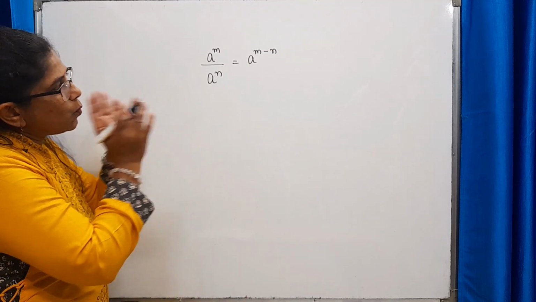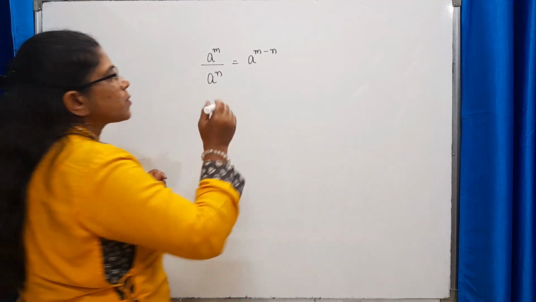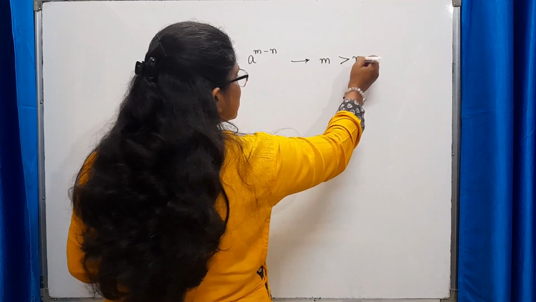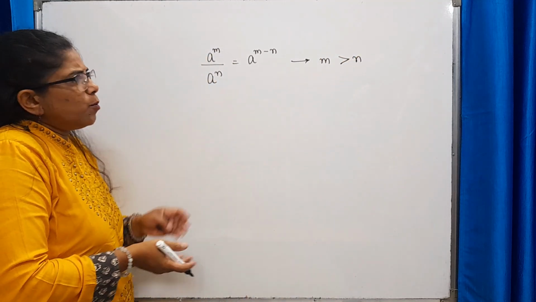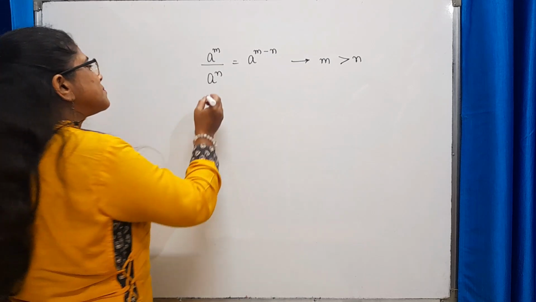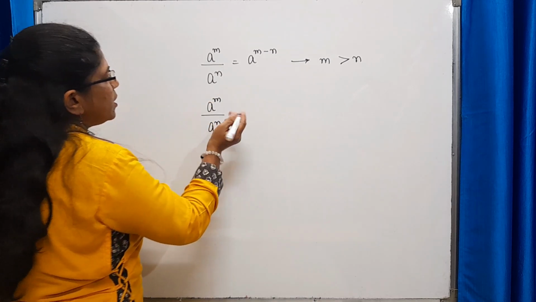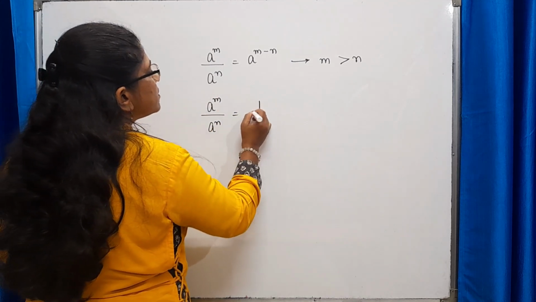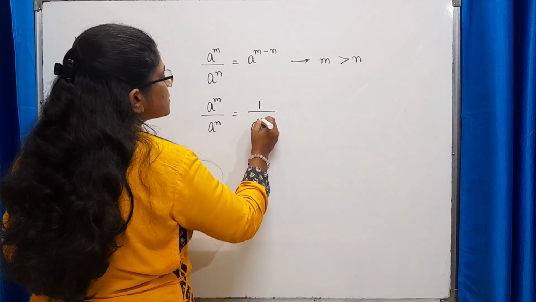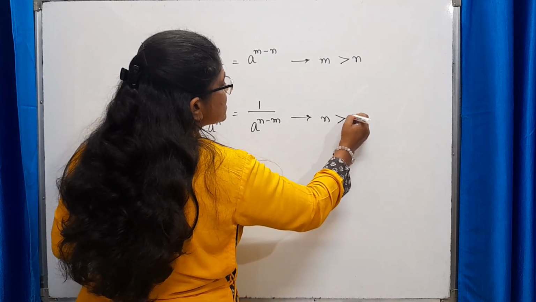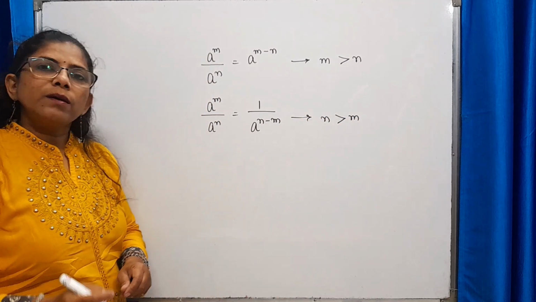But when we are supposed to use this, when m is greater than n. And what about if n is greater than m? Now, if n is greater than m, this law becomes like this. This we have to apply when n is greater than m.